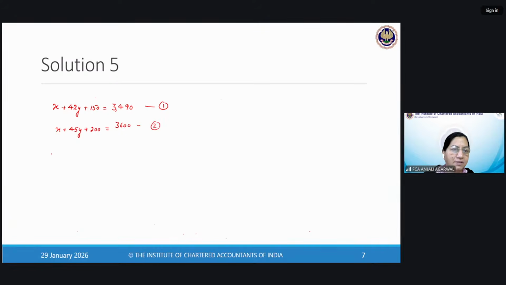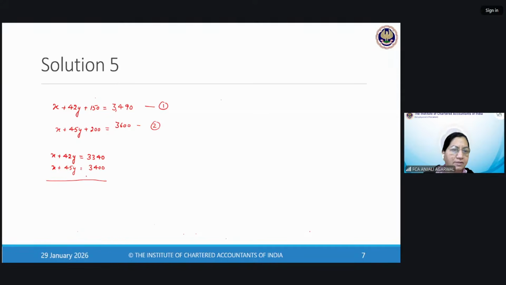So this becomes X plus 42Y is equal to 3490 minus 150, 3340. And X plus 45Y is equal to 3400.